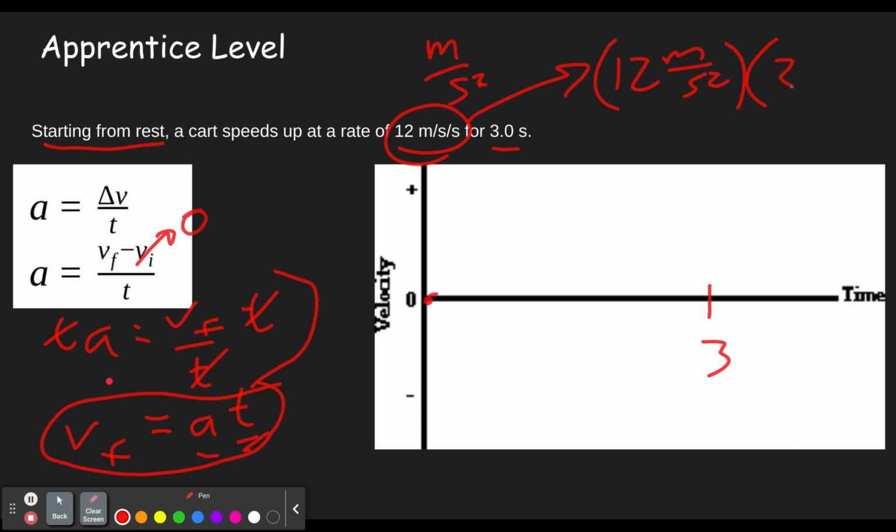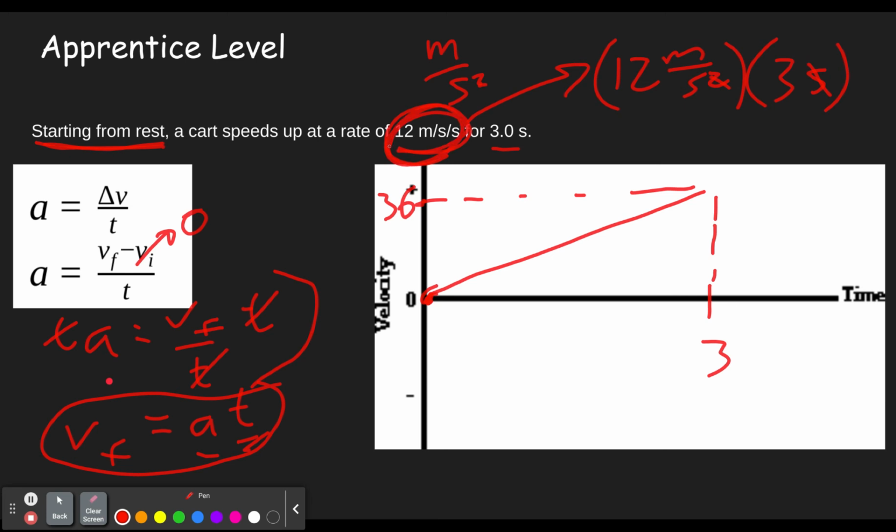Time is 3 seconds. And 12 times 3 gives us 36 meters per second. Notice that the second cancels with one of the squared ones. Okay, and so we'll get a graph that looks like this. Once again, starting from rest, that's why we started here, speeds up at a rate of this.